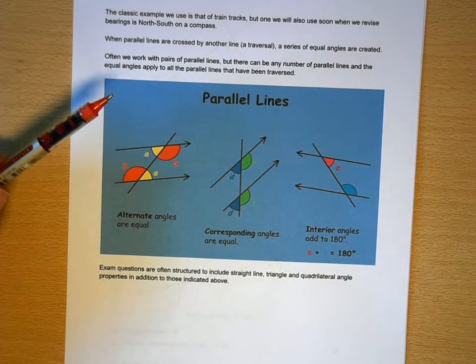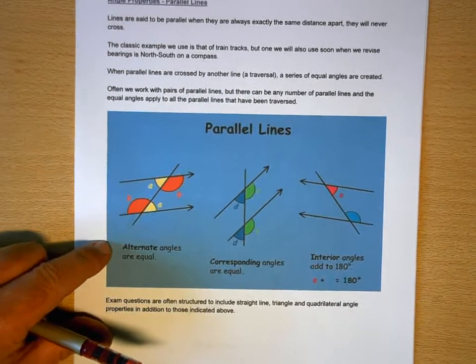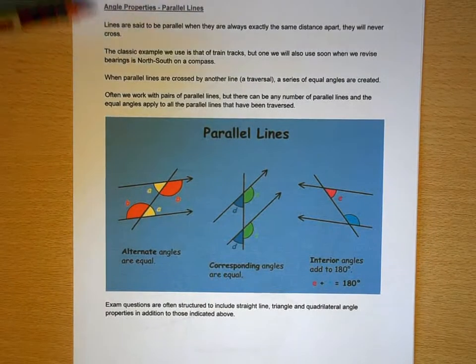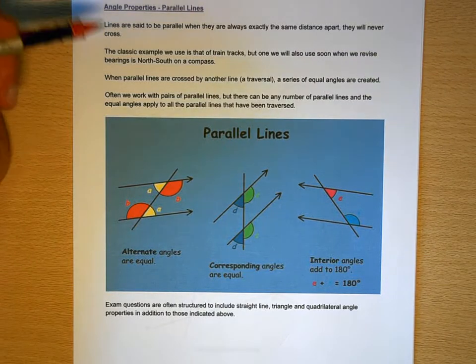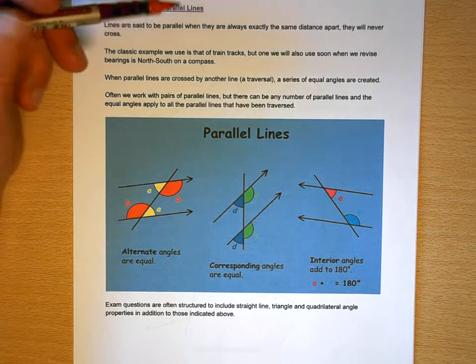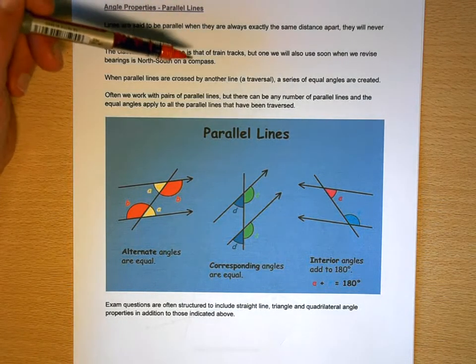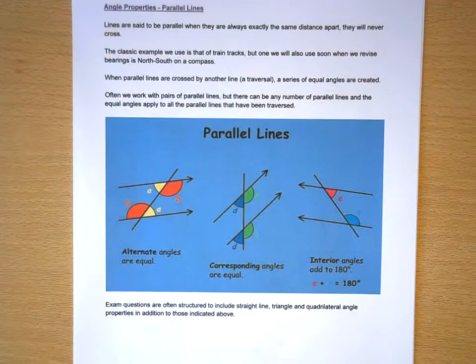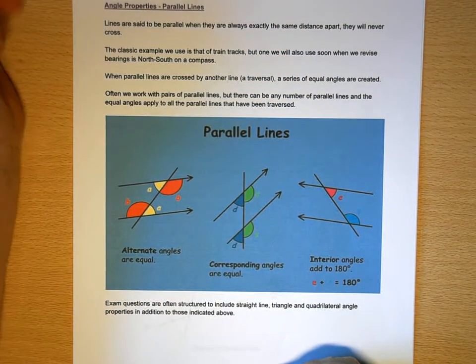Yesterday we looked at the notation for the parallel line, and it's arrows. The classic example we use as teachers when we talk about parallel lines is train tracks. Train tracks have to be parallel, otherwise the trains drop off them. But another example that I could use, and we'll be using when we come to look at bearings in a few weeks, is the north-south line on a compass.